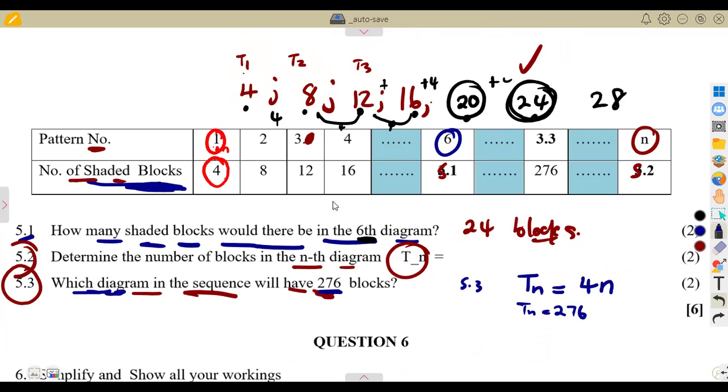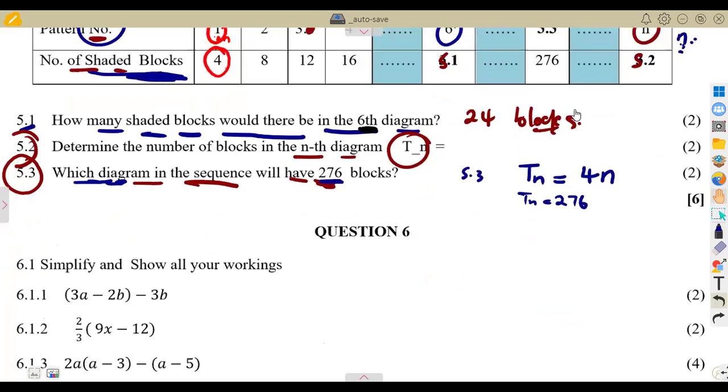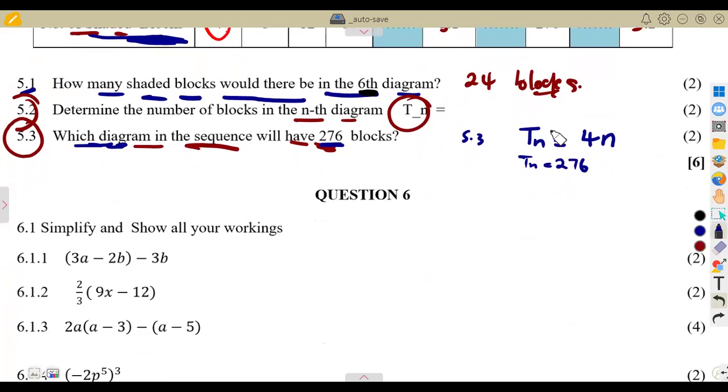Find which diagram. The diagram is the pattern number. They want you to find what n is when Tn is 276. So it is just an equation. We said Tn is 4n, so we can write 4n is equal to 276.